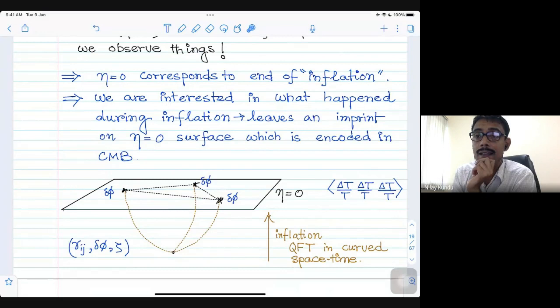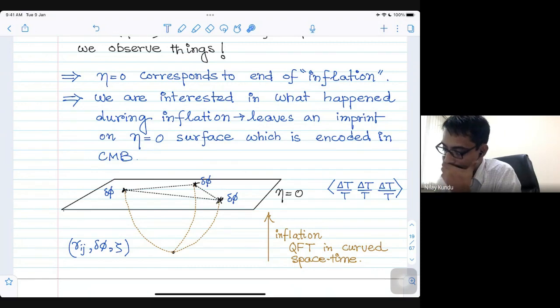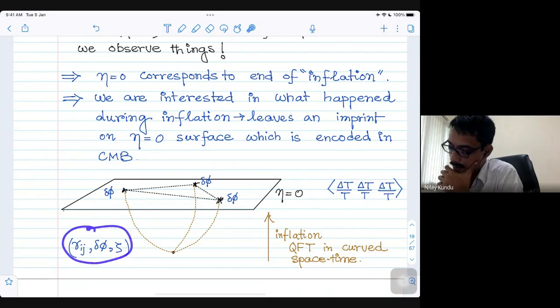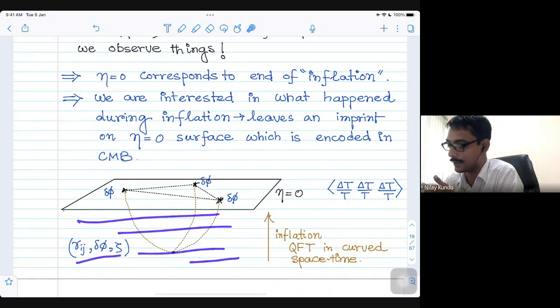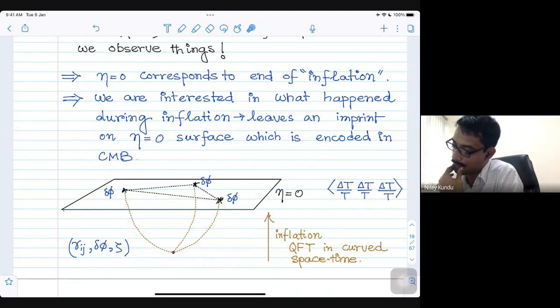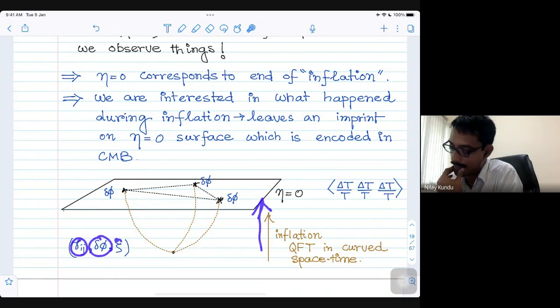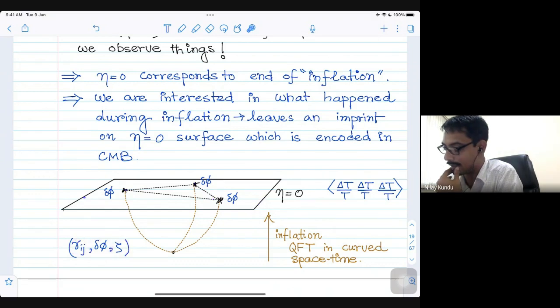So what happens is these perturbations are doing whatever they are doing in de-Sitter space, and when we take the late time limit, delta phi, gamma ij, and zeta will have some boundary value at the end of inflation.